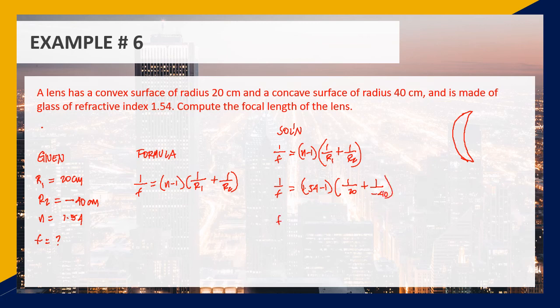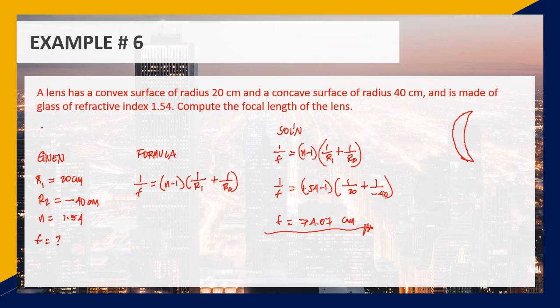So atong f karon is equal to 74.07 centimeters. So mao na ato ang focal length sa lens karon.